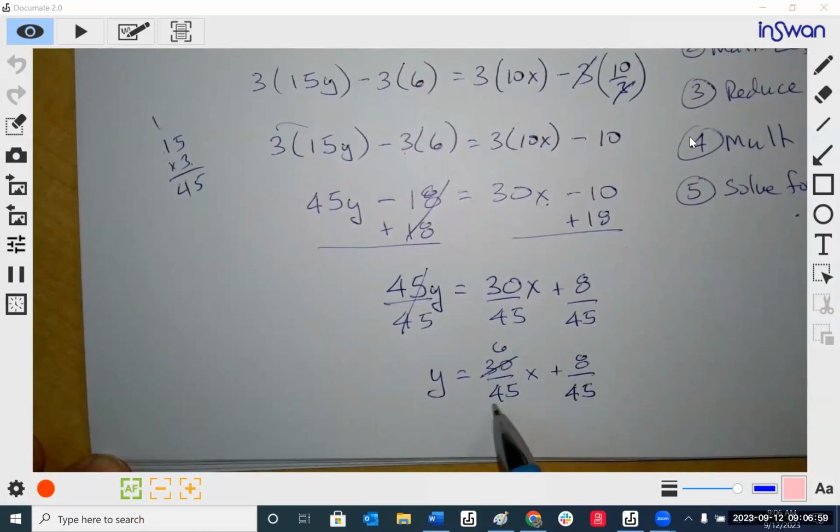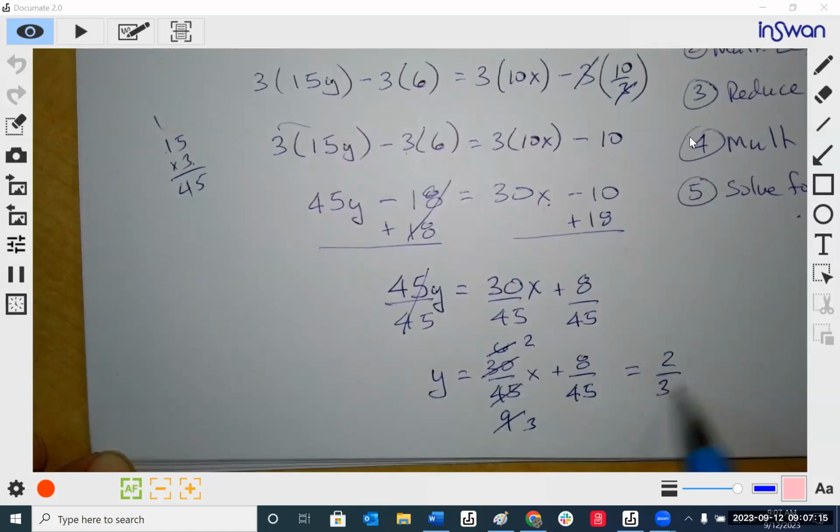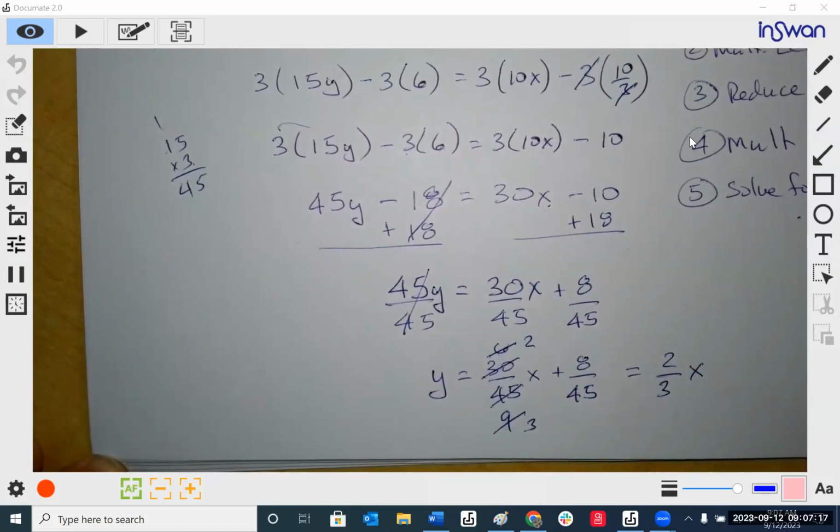And then 5 goes into 45 9 times. 6 and 9 both have a 3. 3 goes into 6 twice. 3 goes into 9 3 times. So far, we have 2 over 3x is our first number.